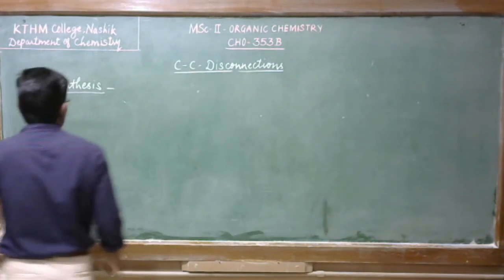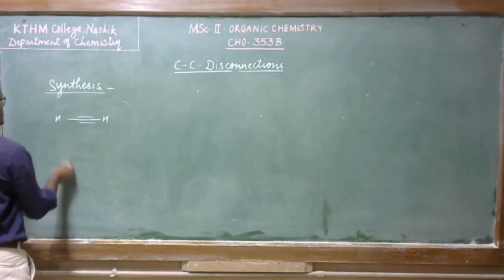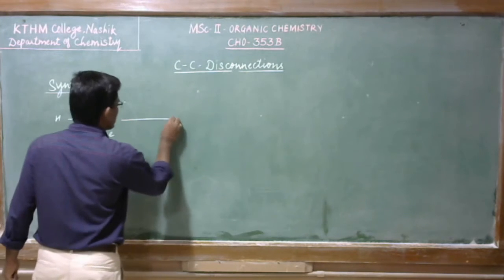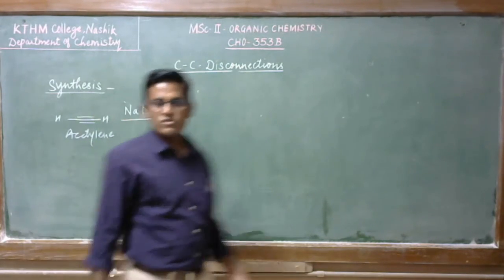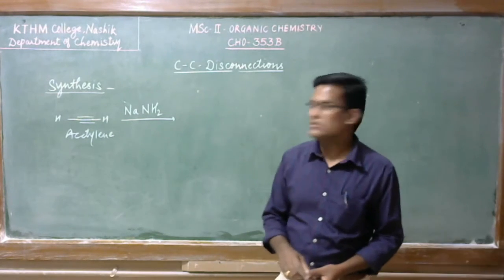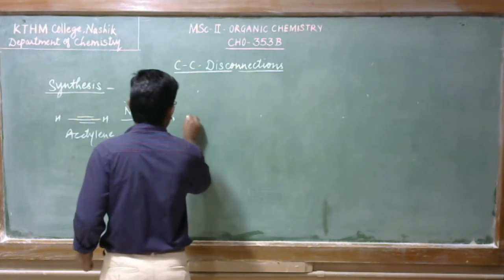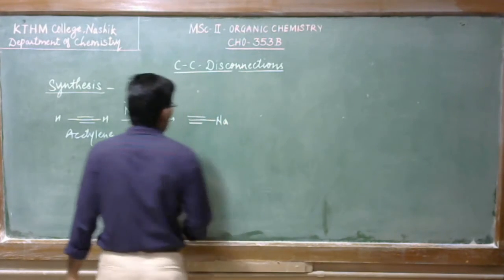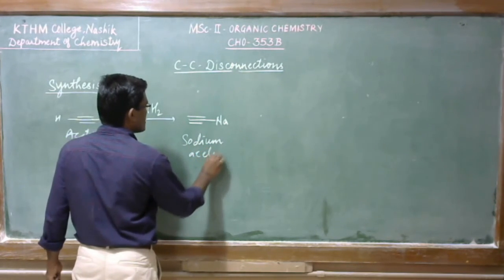When this acetylene reacts with sodium amide, a strong base, since this acetylene has an acidic proton, it requires a suitable base like sodium amide. It will generate sodium acetylide.